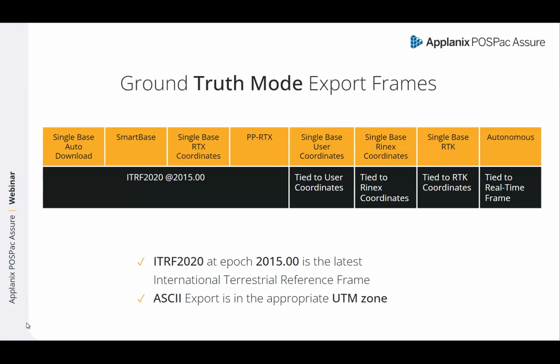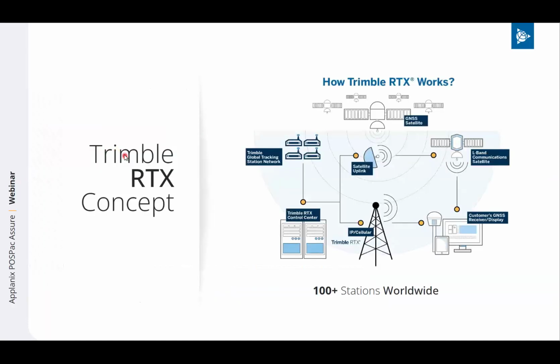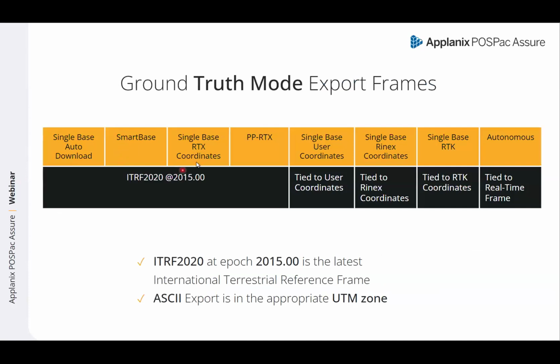So for the first three modes here, like the single base mode with the auto download function, or the smart base mode, or the single base RTX mode, where the base station is served with the RTX technology, or the PPRTX mode, in that case, the final trajectory is coming in the ITRF 2020 system at the epoch of 2015, which is the original epoch of realization of that reference system.